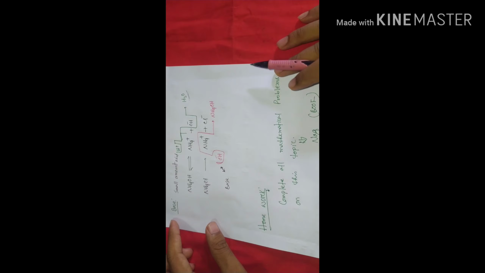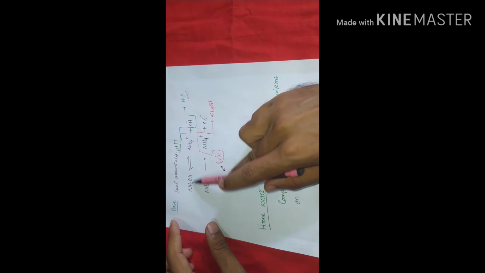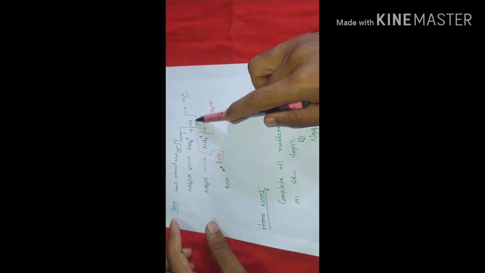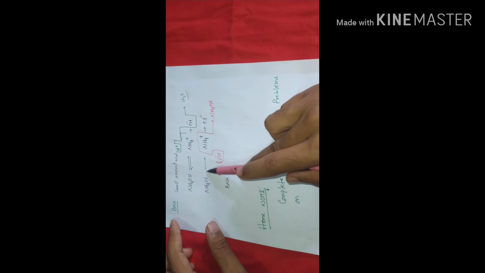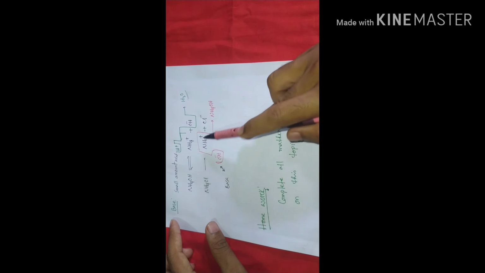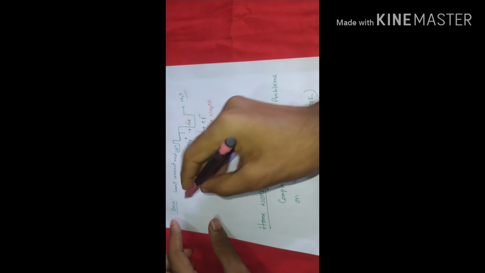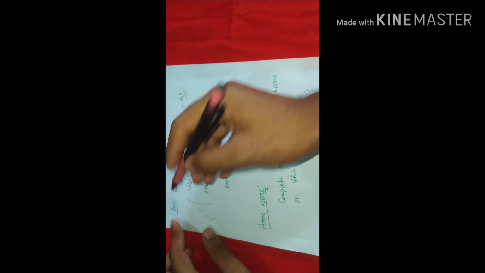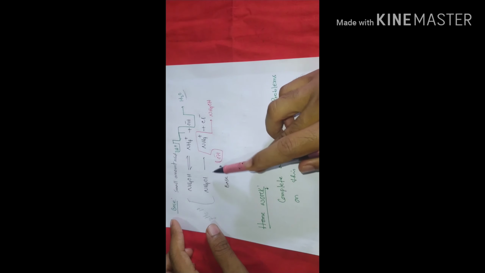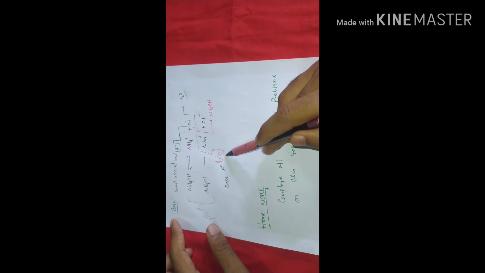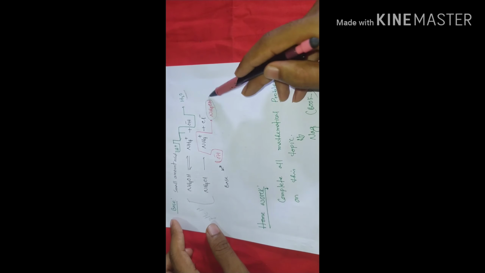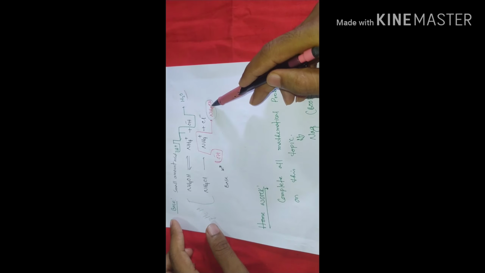For the basic buffer solution, we have to take a weak base, ammonium hydroxide, that will partially dissociate and form ammonium ion and hydroxyl ion, and the salt will be completely dissociated and form ammonium ion plus chloride. Suppose this solution's pH is 10. If we add a small amount of base, hydroxyl ion, that will react with ammonium ion and form ammonium hydroxide, and this ammonium hydroxide will not dissociate.